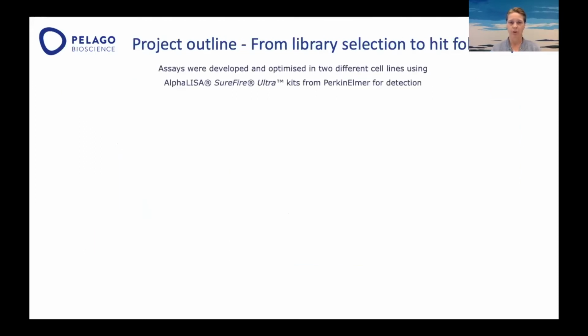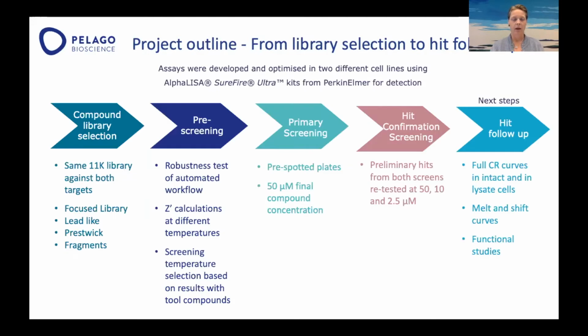The approach we took was to first develop both assays in two different cell lines. The detection was done using alpha-LISA Surefire Ultra kits from PerkinElmer that we first validated in-house. For the compound library, we screened 11,000 compounds for both targets, using the same library as a counter screen against each other. The library consisted of both a focus set and a lead-like set, with well-known annotated drugs, and also a fragment-like sub-library.